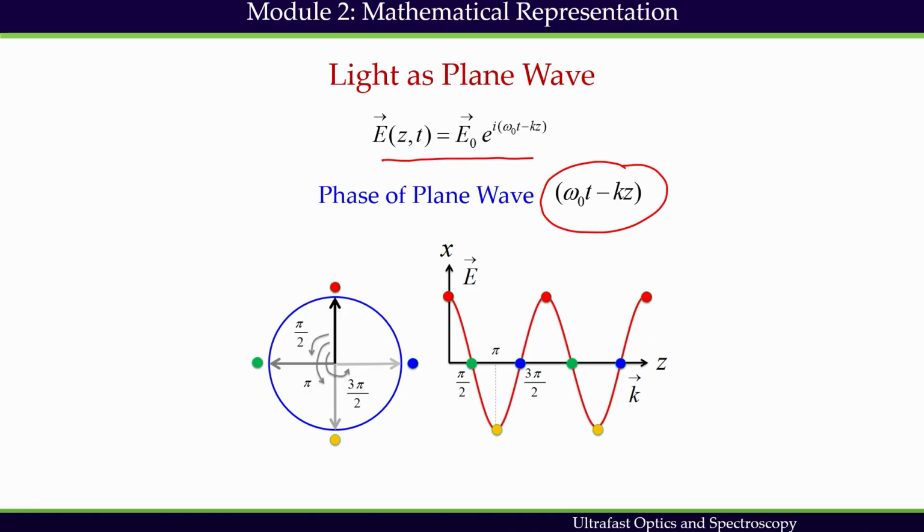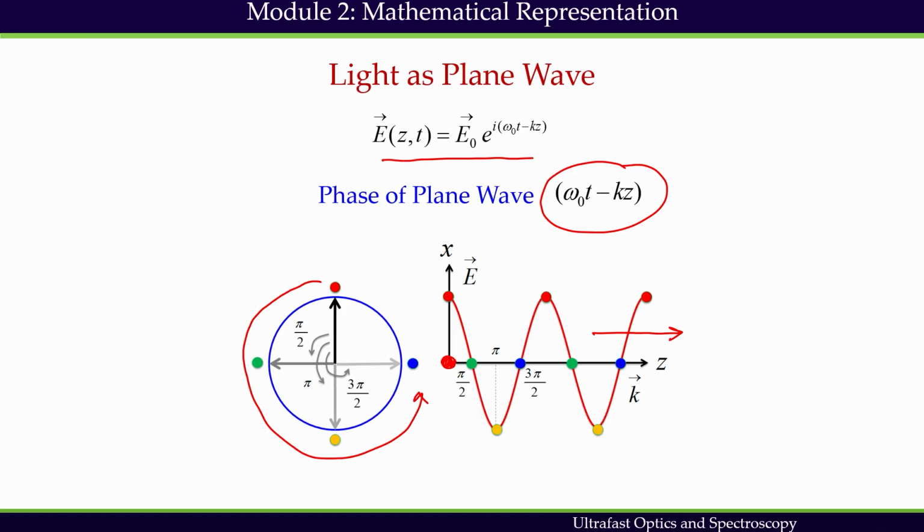When a wave propagates along the z direction, an advancement of the wave along z with respect to a certain frame or a point, let's say with respect to this point, can be represented by an angle in the rotating dial.